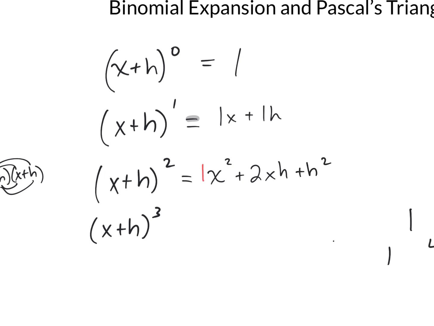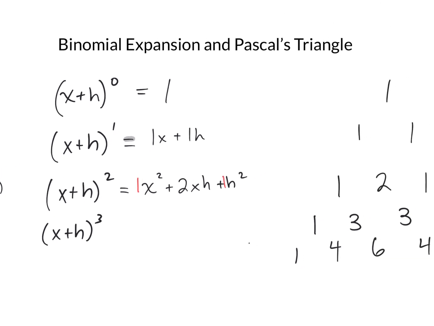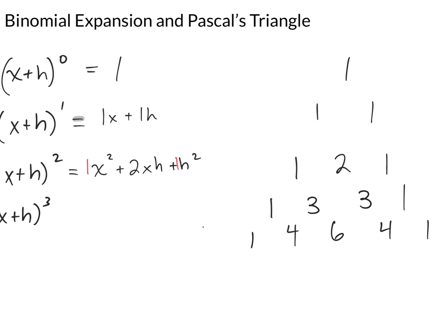And if we want to be a little bit fancy about it, we can add those ones in. So look what happens. When we look at the coefficients with our expanded binomials, we should find that those coefficients match the row in Pascal's triangle. Right, we have a 1, a 2, and a 1, a 1, a 2, and a 1.